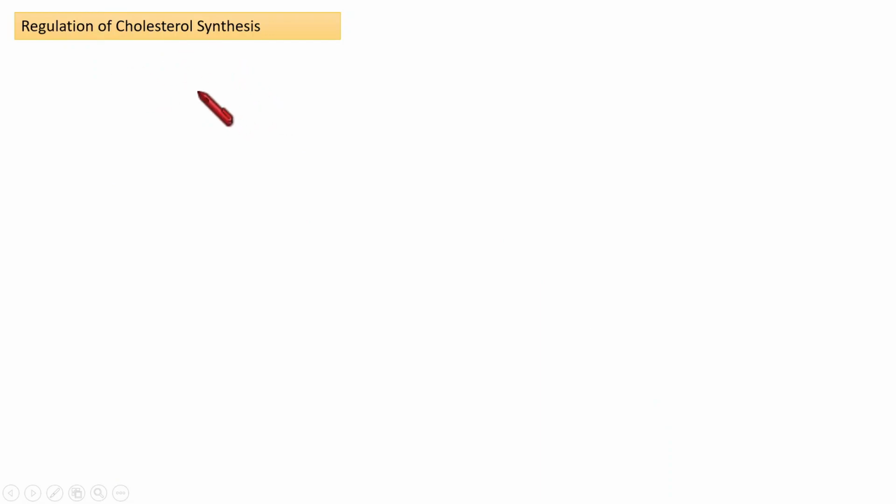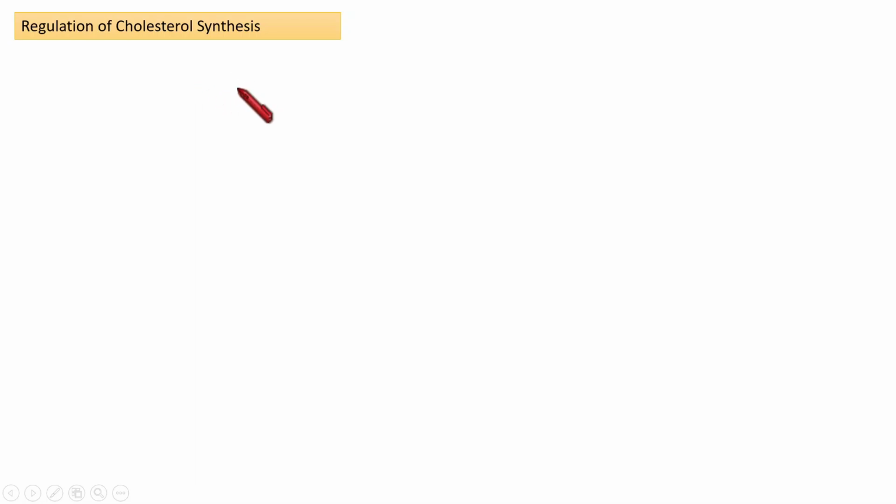The cholesterol level in our body is regulated by the cholesterol itself. How is it regulating? I already told you that in the cholesterol biosynthetic pathway, the rate limiting step is the reduction of HMG-CoA to form mevalonate, and the enzyme helping that reaction is HMG-CoA reductase.